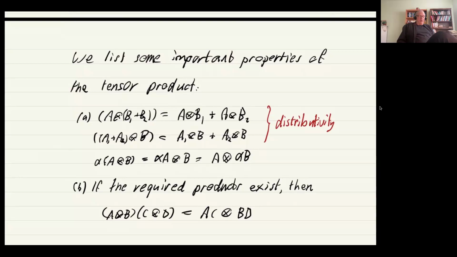Again, we get the obvious properties. The tensor product is distributive in each term, and you get the same rule for scalars.